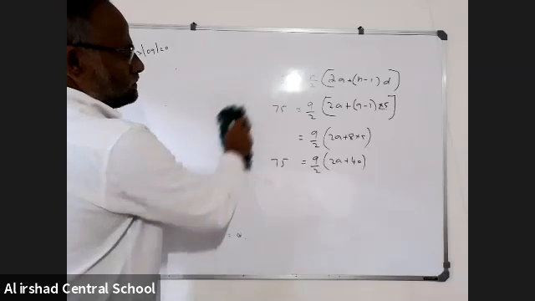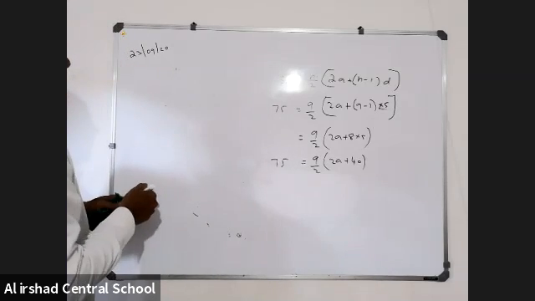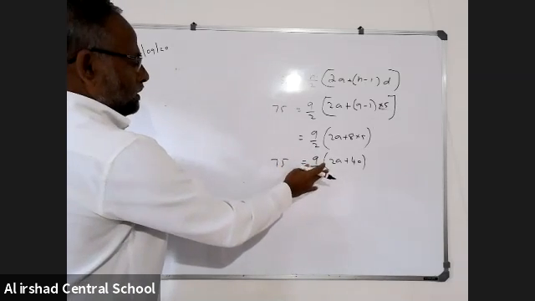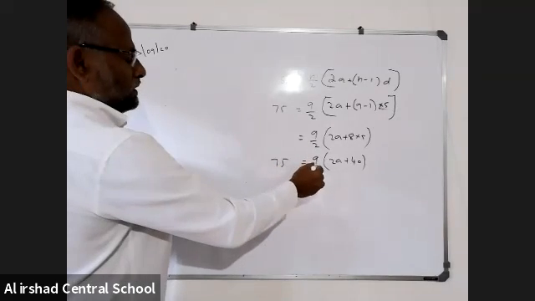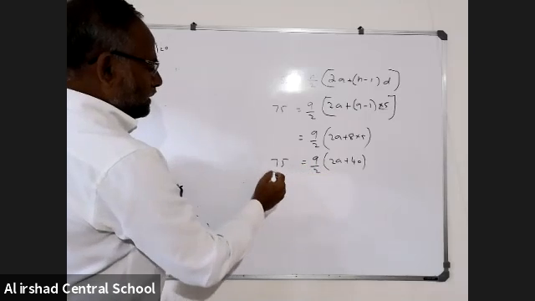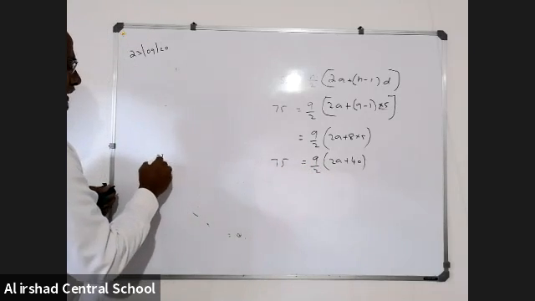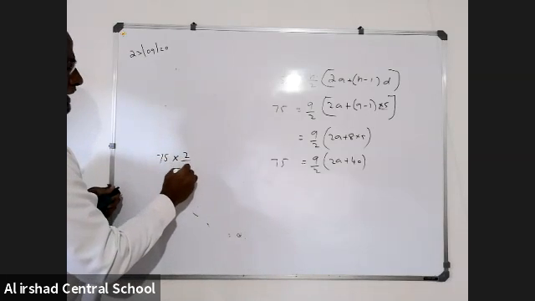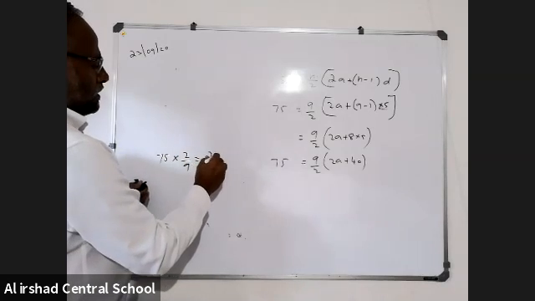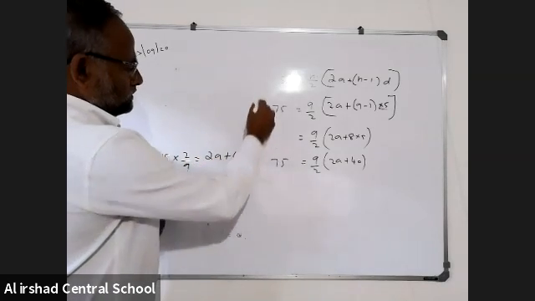Now multiply into 2, or we can divide by 9 by 2. Here, 75 into 2 by 9 is equal to 2a plus 40.